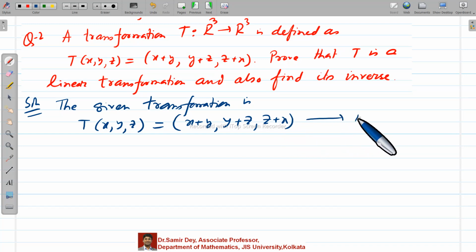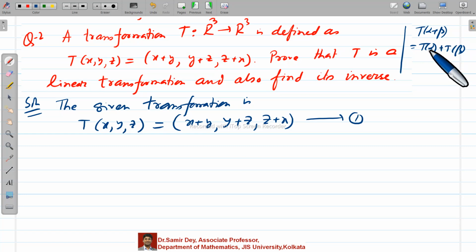This is number 1. So what is our proof's ultimate objective? Our objective is to prove, number 1, T of alpha plus beta is equal to T alpha plus T beta. Number 2, T of C alpha is equal to C T alpha. Okay, we need to prove these two conditions.